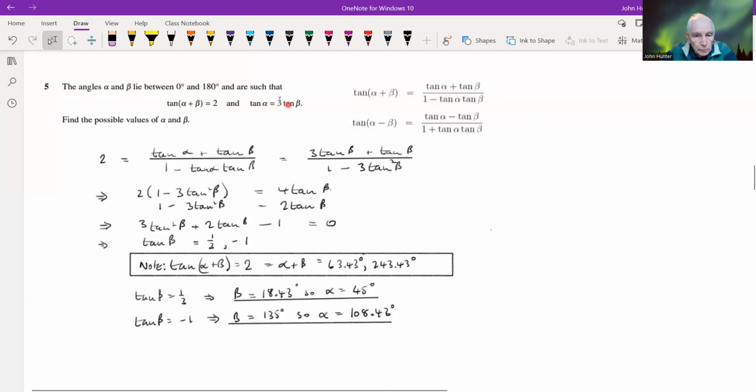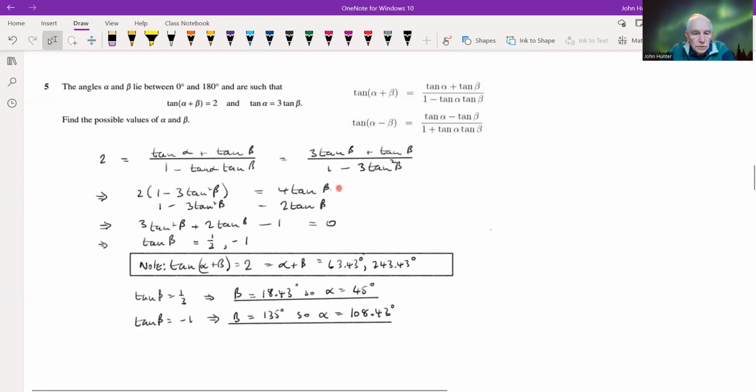And then if we deploy this one here and eliminate tan alpha, we're going to have 3 tan beta from there, plus tan beta, is equal to 1 minus 3 tan squared beta. Right, okay. So what we've got is 2 equals this expression.